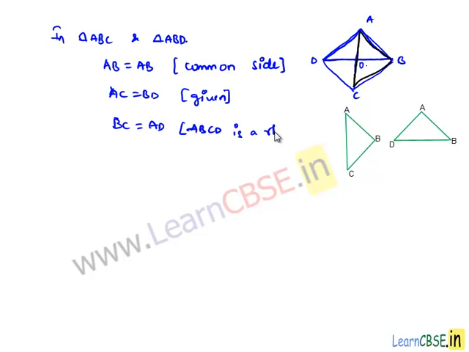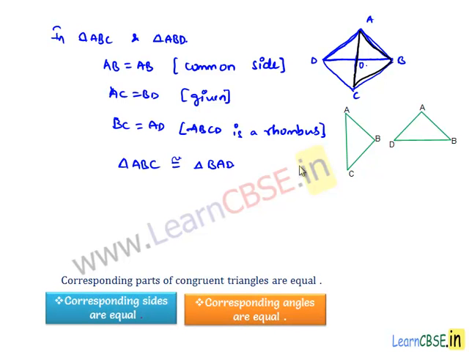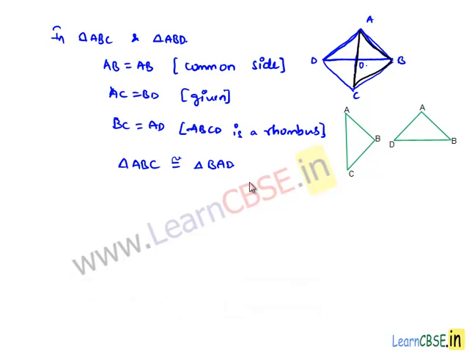So the three corresponding sides in the two triangles are equal. Therefore we can say that triangle ABC is congruent to triangle BAD, and we know that when two triangles are congruent, their corresponding angles and corresponding sides will be equal.